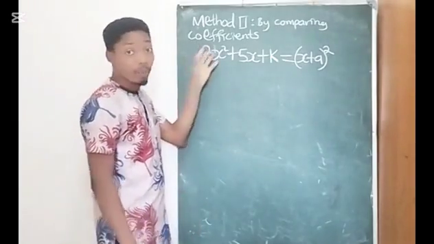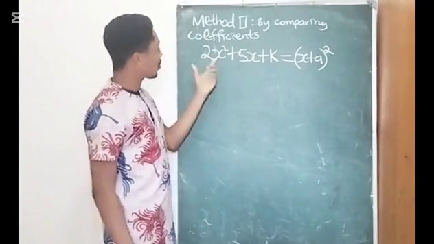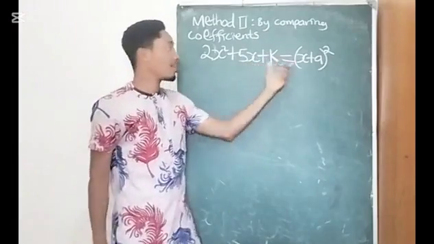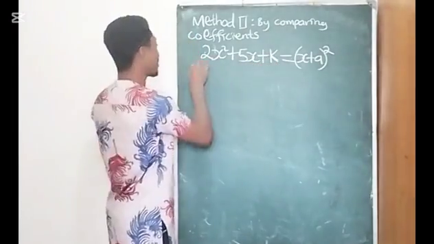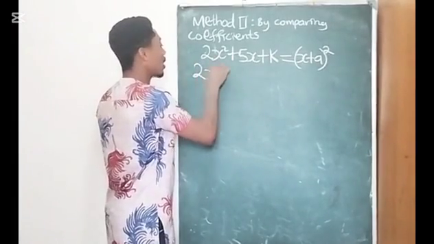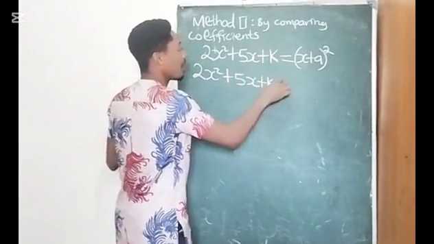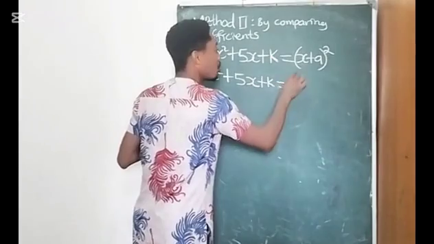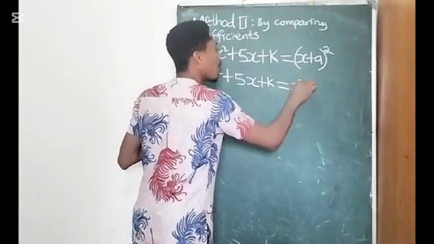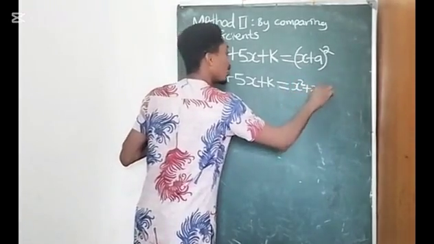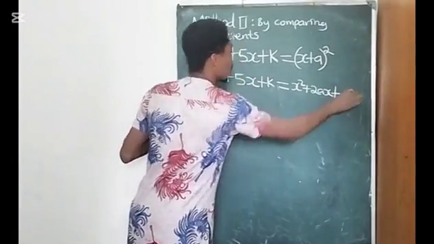So the second method, which is the method of comparing coefficients, which we're going to do: 2x squared plus 5x plus k is going to give you x plus a all squared. So this becomes 2x squared plus 5x plus k equals, if you expand that, x squared plus 2ax plus a squared.